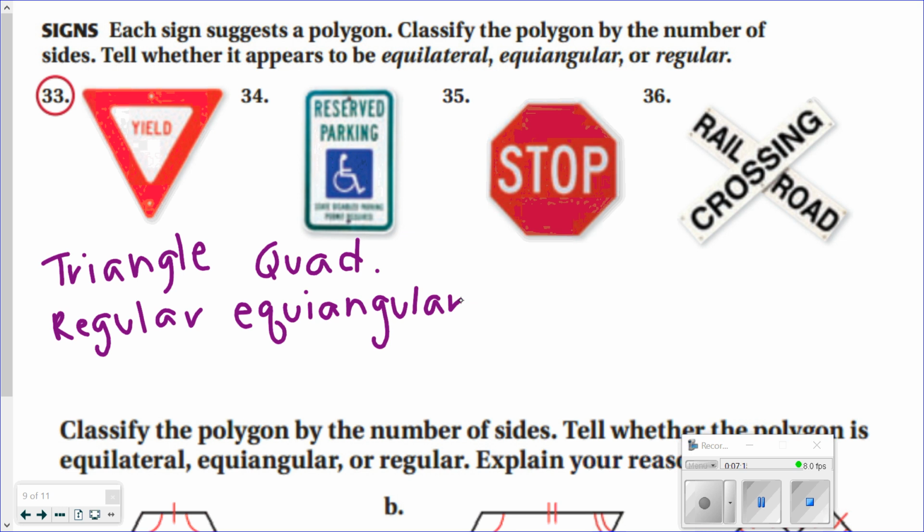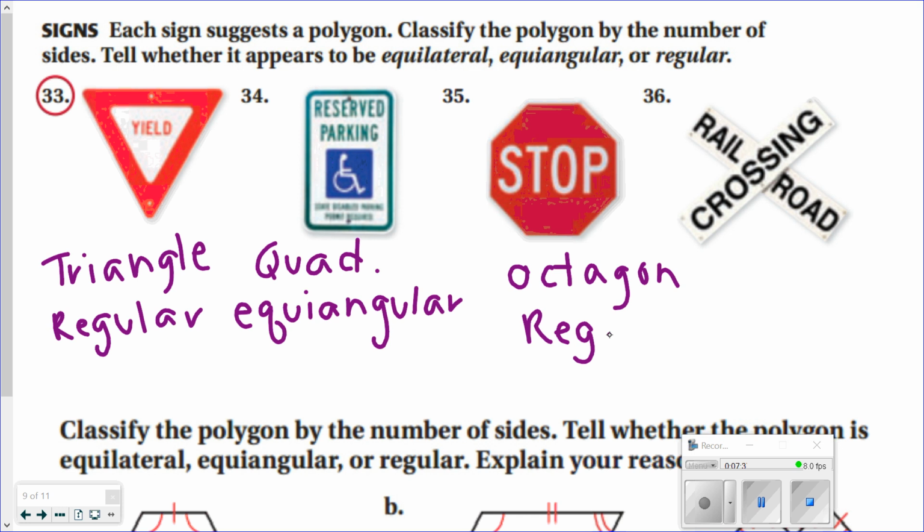We have a stop sign, and there are 8 sides, so it's an octagon. And we see that the sides are the same and the angles are congruent, so it's a regular octagon. I'm just going to put reg.